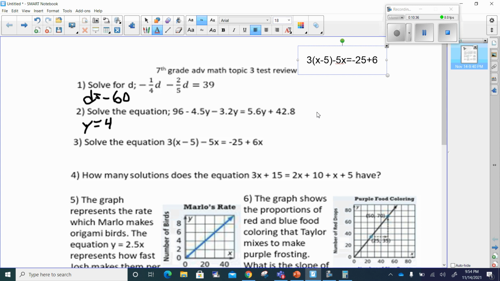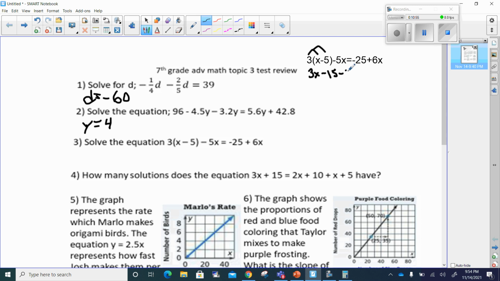If I work this, let's see, first I realize it's 3 times x, which is 3x. I'm using the distributive property. 3 times a negative 5 is negative 15. It's going to be minus 5x. That has to equal negative 25 plus 6x.